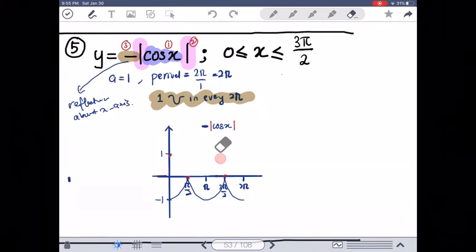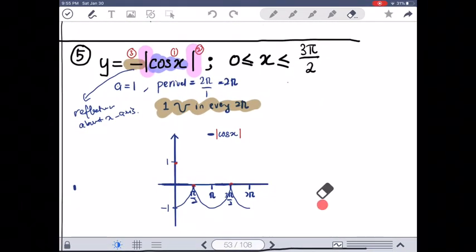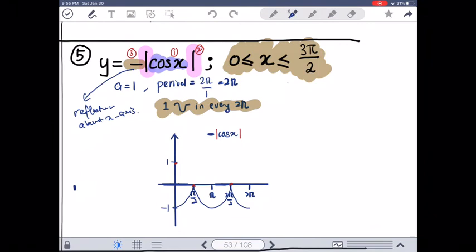Okay, notice that they want you to draw from 0 until 3 pi over 2. Means that you have to stop here. So it means that we need to erase the last part here.